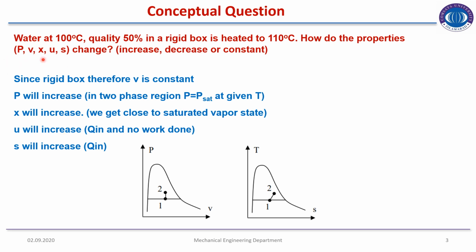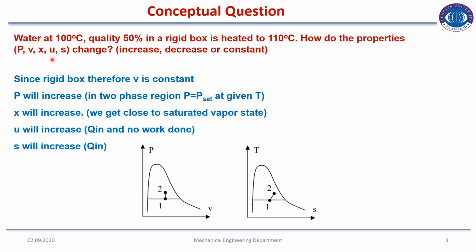So we will revise all these properties, that pressure will increase, specific volume will remain constant due to rigid box, X, that is quality or dryness fraction, will increase, and the water will move, or the system will move toward the saturated vapor. Specific internal energy will increase because heat is supplied to the system and temperature is increased.